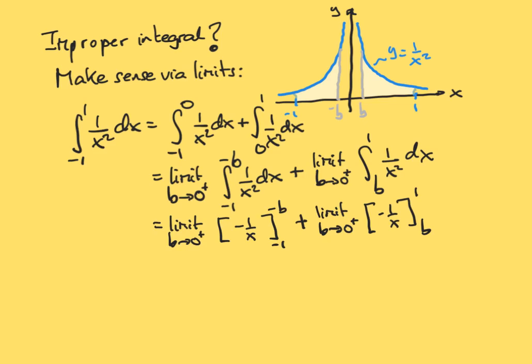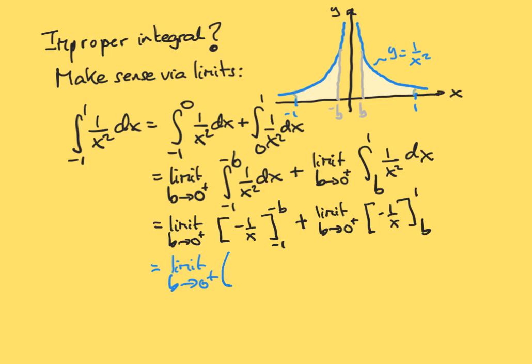So let's say that we have the limit as b goes to 0 from above. And at the upper limit here, we're going to have -1 divided by minus b. So that's going to give us +1 over b.